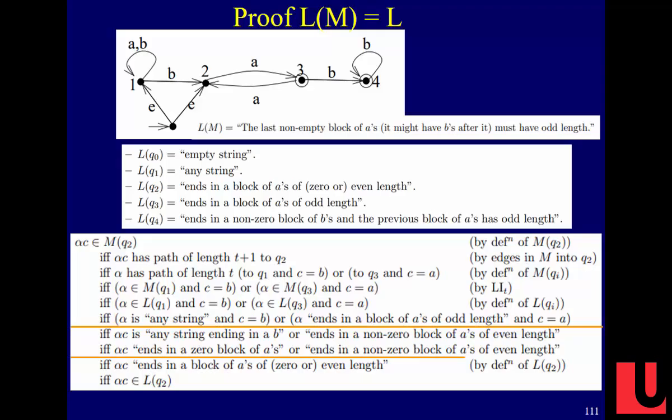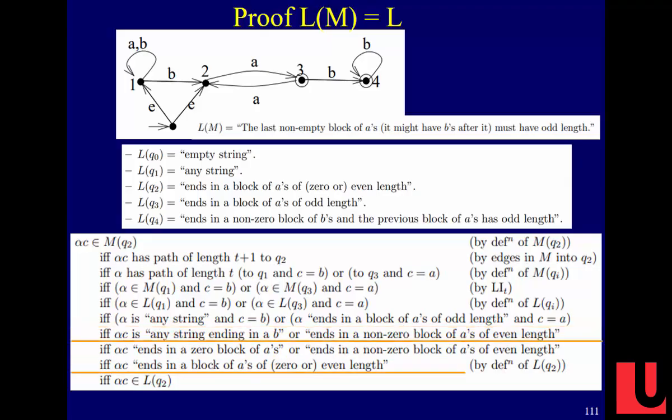This is a non-empty block of even length, or it's an even block of zero length. So we combine it, and we keep going. We get that it ends in a block of A's of even or zero length. And then we go one more, and by the definition of L, it's in Q2.